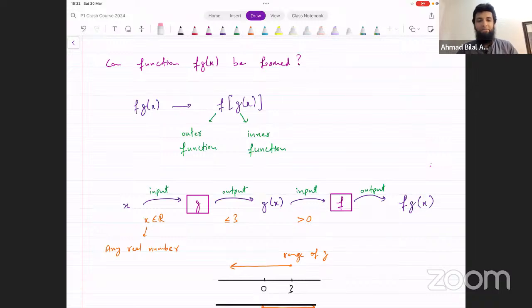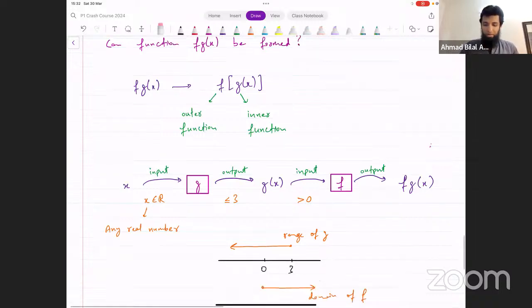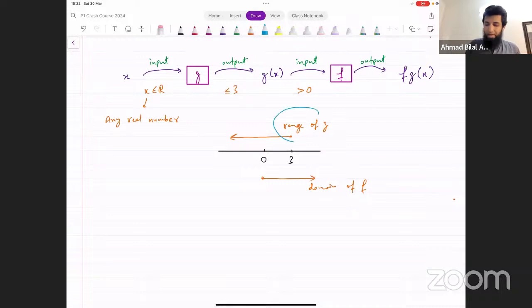For f g of x to be formed, every single output that you get from the function g, we should have been able to put that in the function f. If we can't do that, then we have a problem. The function cannot be formed.